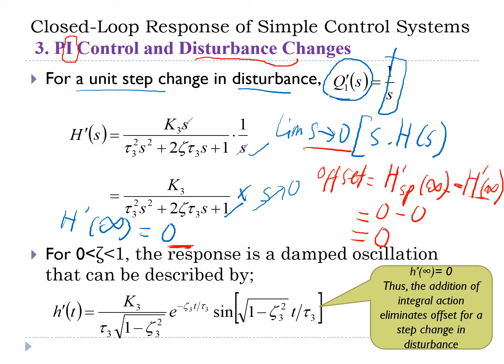Similarly, if you use the time domain h(t), you substitute t with infinity, so you will also get the same value. So your h infinity will be equal to 0. So the addition of integral action eliminates offset for a step change in disturbance.